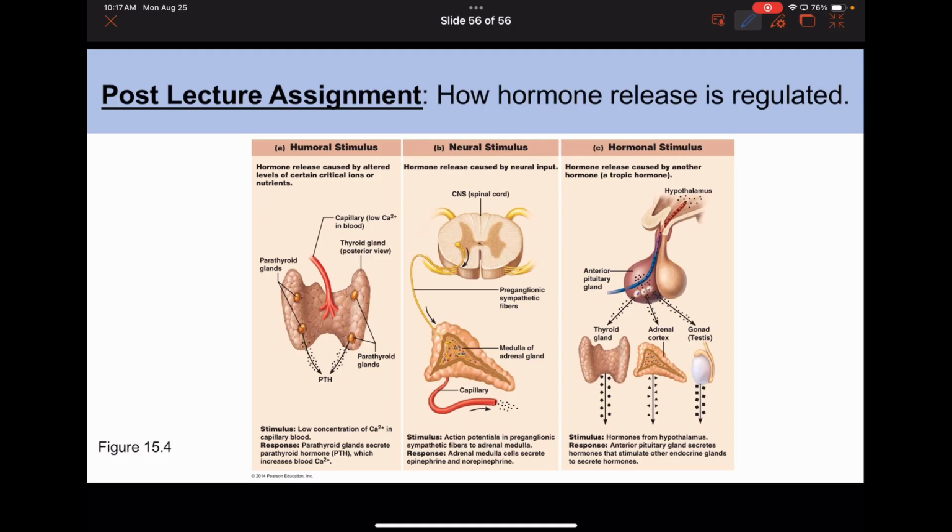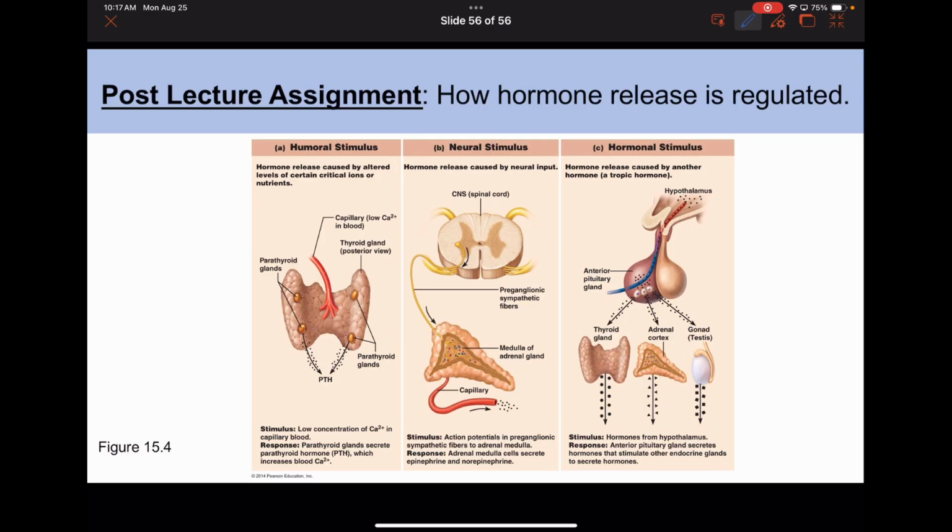Same thing for something like insulin. When your sugar levels are too high, your body detects that as a change in the blood, and then we release insulin. Or on the opposite end, when blood glucose levels are too low, your body detects that change in the blood and then releases a different hormone called glucagon.